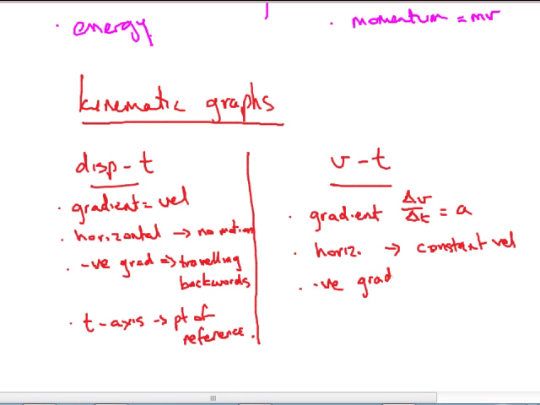Negative gradient tells us it's slowing down. And when it hits the t-axis, then that tells us that the object has no velocity. So it's now stationary.